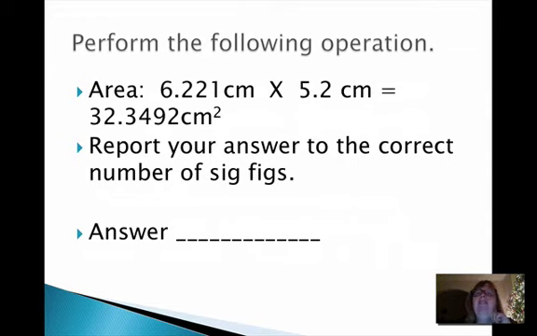So I should only have 2 significant figures in my answer. I should report 32, so to 2 significant figures, it's 32 centimeters squared. All these other numbers are not significant, and it's wrong to write them down because you're writing down numbers that you don't really know what they are.